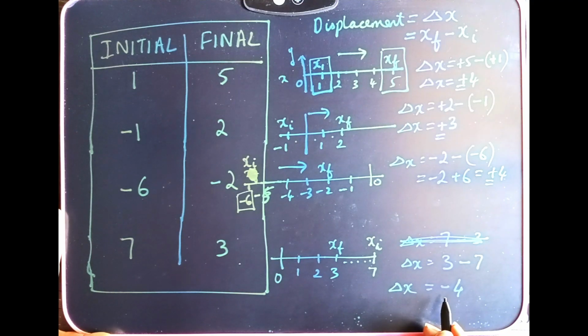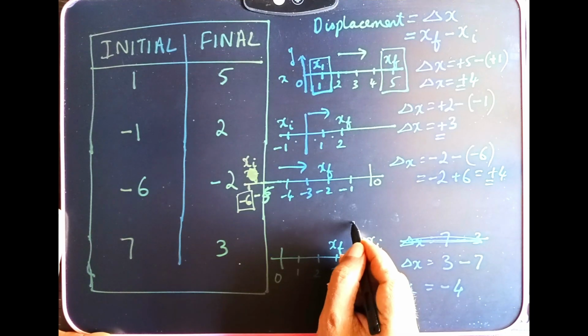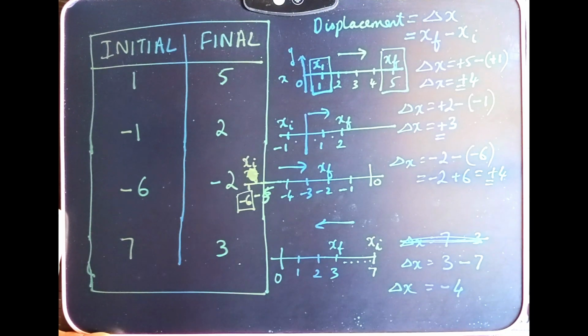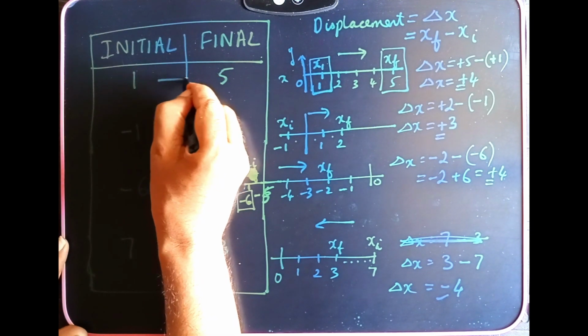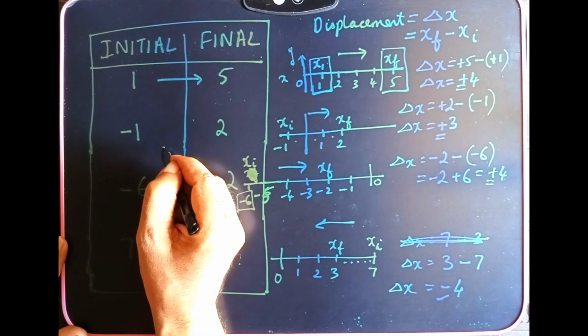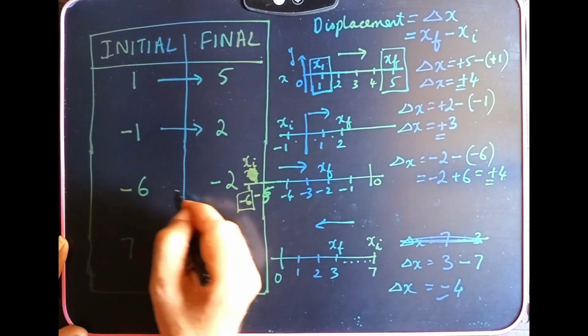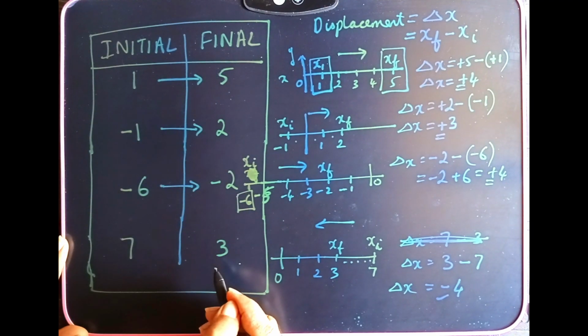Now the change here is negative. That means the direction of motion is on the left side because you got a negative sign. So as we saw here, in the first case, the direction was positive. Third case also the direction was positive.